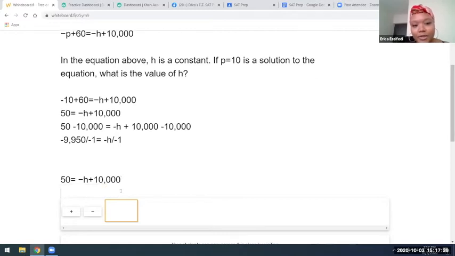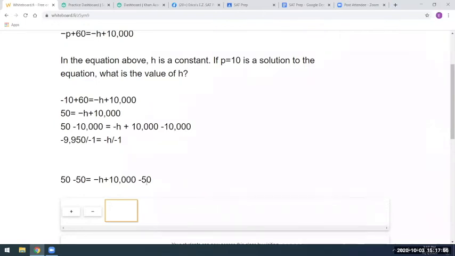Okay, let's say we subtract 50 from both sides. So minus 50, minus 50. So what will we get? On the left side of the equation, what do we get? 50 minus 50? 0. So on the right side of the equation, what do we get? 9,950.